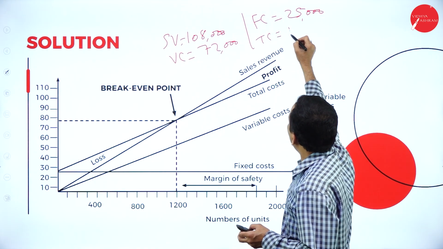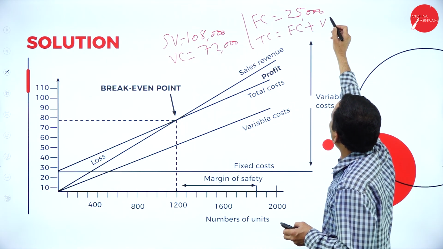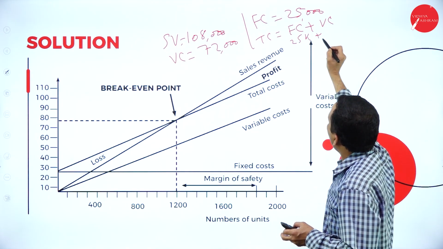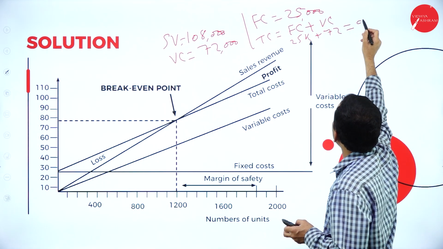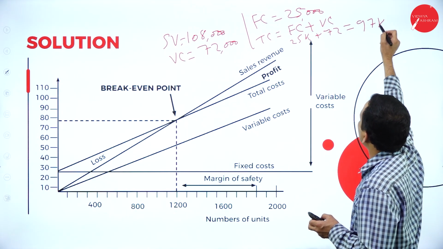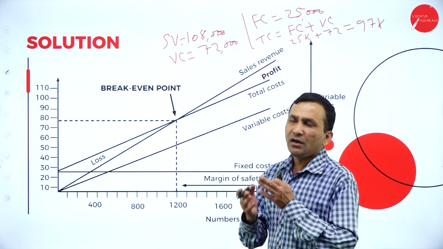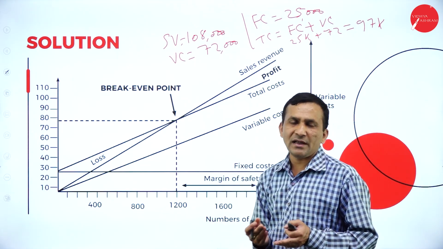Fixed cost plus variable cost, 25k plus 72k, which is 97,000. The sales value and the fixed cost value are also given.